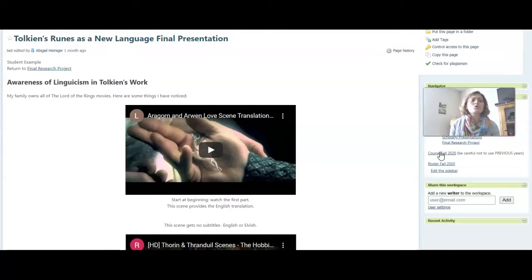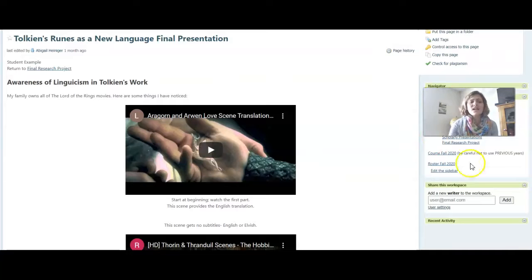This is about Tolkien's runes and how he's using language, what languages are inspiring him, and whether or not there's any linguicism, that is language bias, in the presentations and the languages that he's creating in Lord of the Rings.